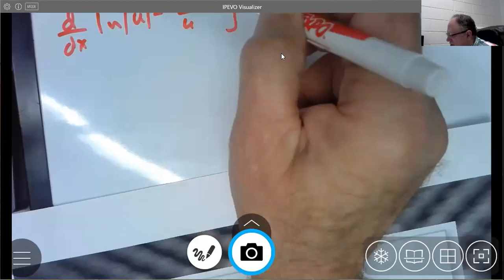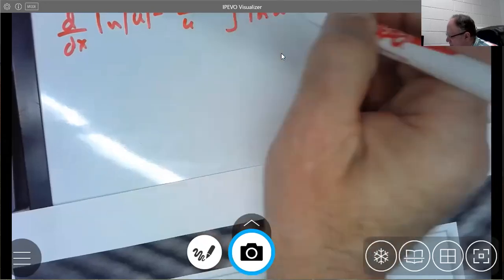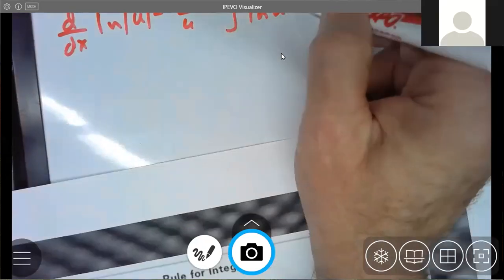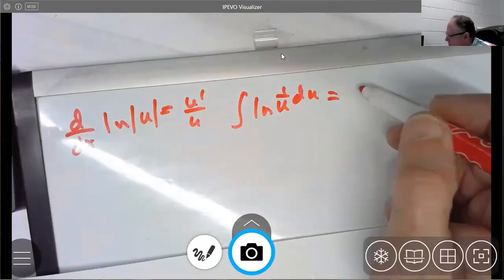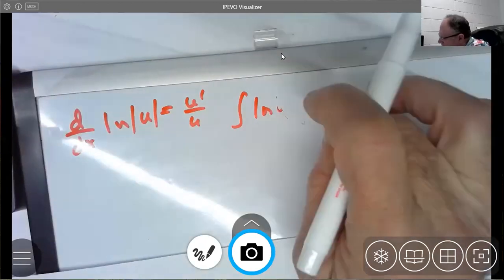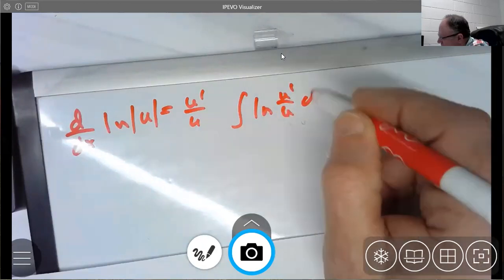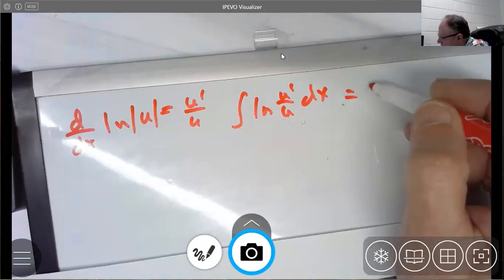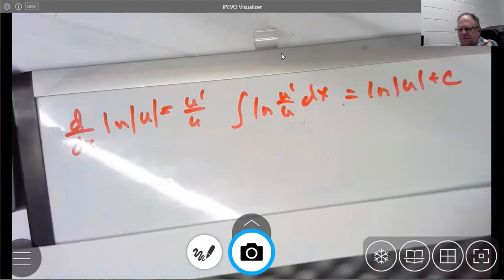So the integral of 1 over u du is natural log u, and we could also write this, and I tend to prefer u prime over u dx is natural log u plus c. All righty.